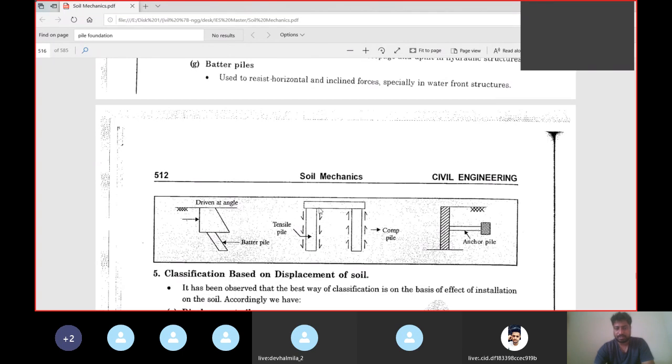But in this case, when this top plate, or we can say the pile cap, is moving down, in order to resist this downward movement, this pile is resisting the forces coming from above. So such piles are known as compressive piles, because this pile is coming under compression and that pile is coming under tension.